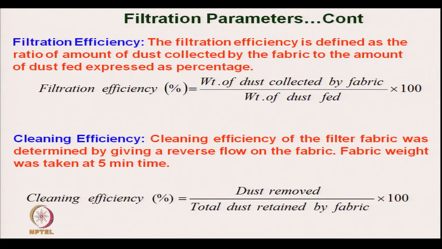So, the weight of dust collected by the fabric is measured first. Before testing, we calculate the total weight of the fabric. So, we take the mass of the fabric, that is M1. After filtration testing, the mass is M2, which is more than M1, so the difference is the dust collected, or arrested, by the fabric.